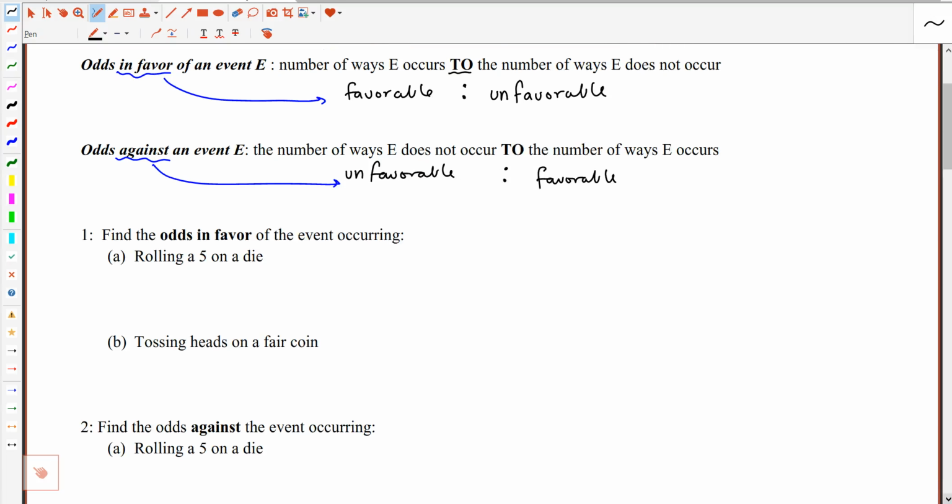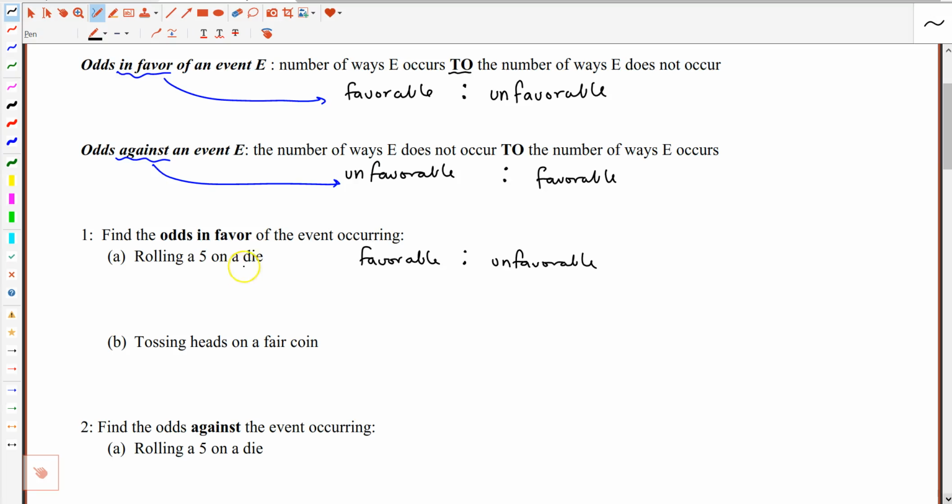So let's see how this relates to actually setting up odds. In this example, let's find the odds in favor of rolling a 5 on a die. Remember, for odds in favor, you're going to list the number of ways the event occurs first, and then the number of ways the event does not happen, or the unfavorable outcomes. You still do want to keep in mind how big your sample space is.